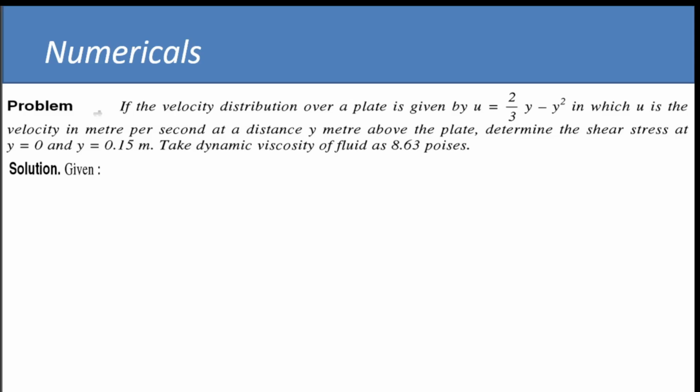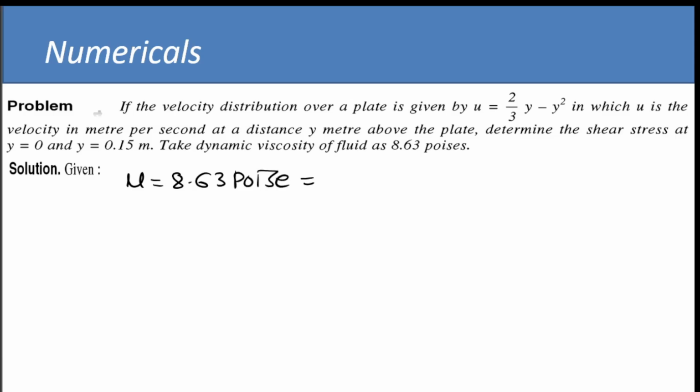So now, if the velocity distribution over a plate is given by u is equal to 2 by 3 y minus y square, in which u is the velocity in meter per second at a distance y meter above the plate, determine the shear stress at y is equal to 0 and y is equal to 0.15 meter. Take the dynamic viscosity of the fluid as 8.63 poise. So mu is given as 8.63 poise.